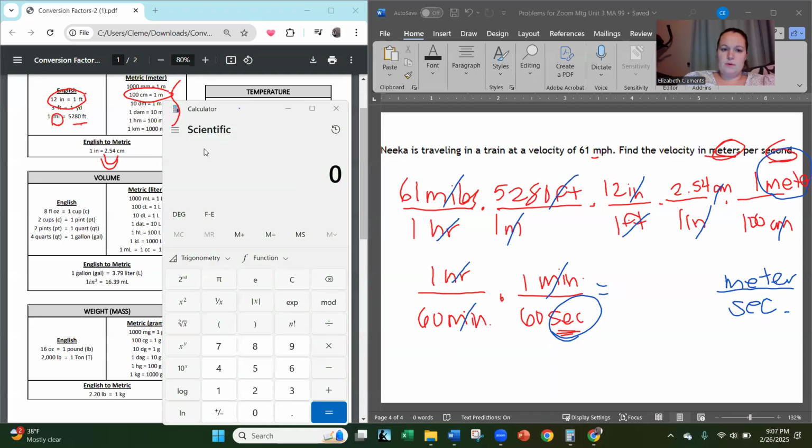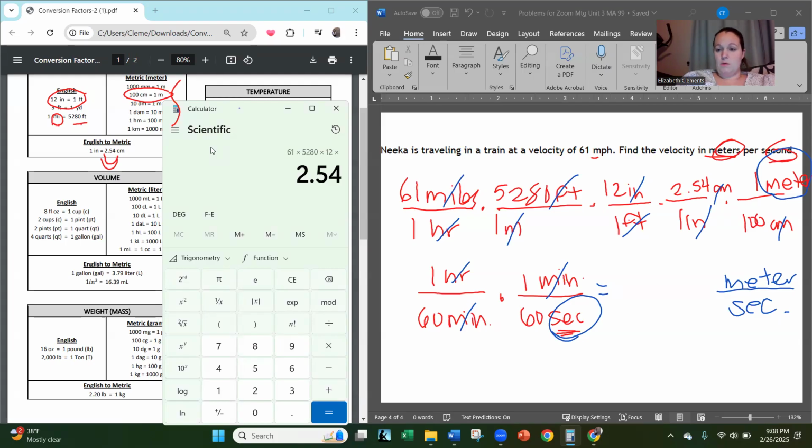So we're going to go 61 times 5,280 times 12 times 2.54 times 1 times 1 times 1. I'm not going to do those. Then we're going to divide by everything in the denominator.